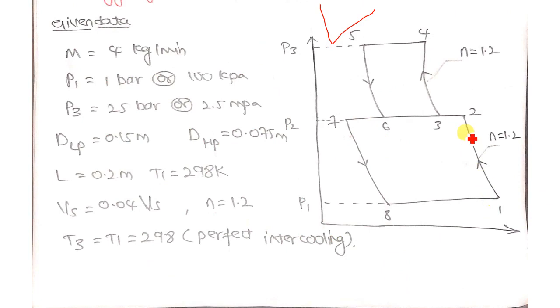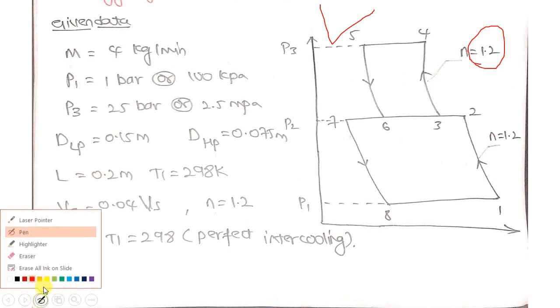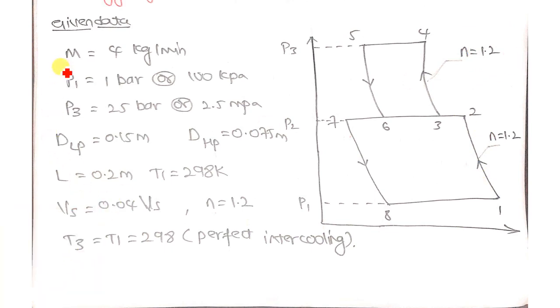I have stated all the given data here: mass flow rate 4 kg per minute, P1, P3, diameter of LP, diameter of HP, stroke length of both the cylinders, temperature at the inlet, Vc is equal to 0.04 times Vs. So this is C. n is equal to 1.2 and T3 is given as 298, which is the same as T1, because it has perfect intercooling, which I just mentioned previously.